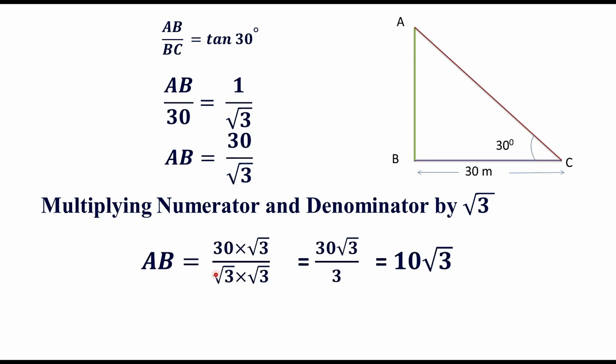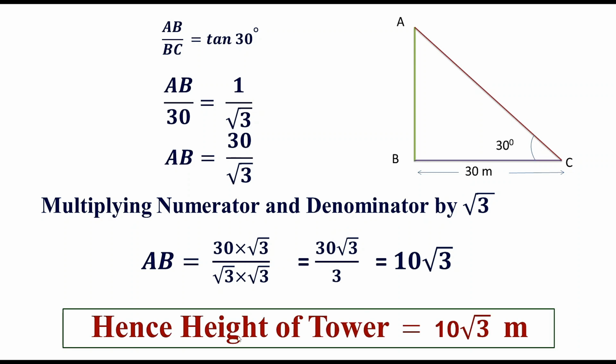So AB is equal to 30 root 3 divided by root 3 into root 3. This will give 30 root 3 by 3, and 3 will divide 30 10 times. So we will find the value of AB is equal to 10 root 3. Hence the height of the tower AB is equal to 10 root 3 meter. This is the answer of the question.